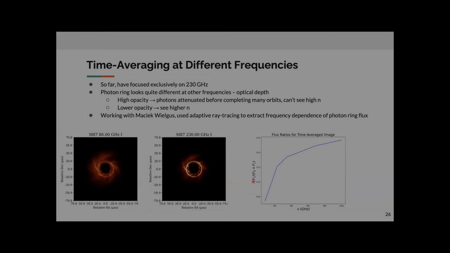And on the y-axis, we're plotting the flux in the n=1 subring over the sum of the n=0 flux and the n=1 flux. So essentially the relative flux contained in the photon subring. And we see that as we get to higher observing frequencies and reduce the optical depth, that subring is going to pop out much more clearly and is going to be responsible for a larger portion of flux in the image, as can be seen very dramatically between these two photos.